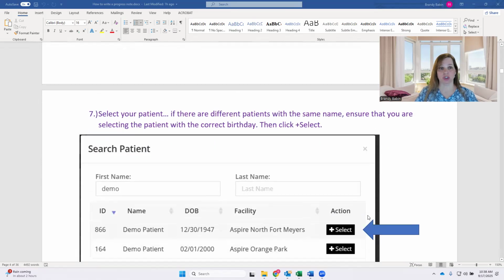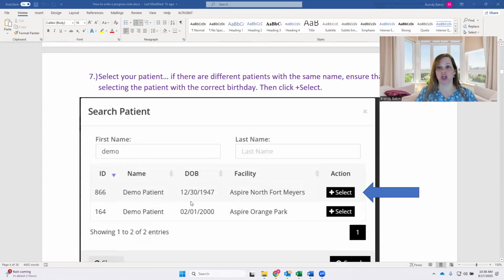When you go to search, it's going to bring up all of the patients that you have. So if you have a John Smith, there is a high potential that you're going to have to figure out which John Smith it is. I just picked a demo patient, and there's two of them in the computer. One has a birth date of 1947 and one has a birth date of 2000.